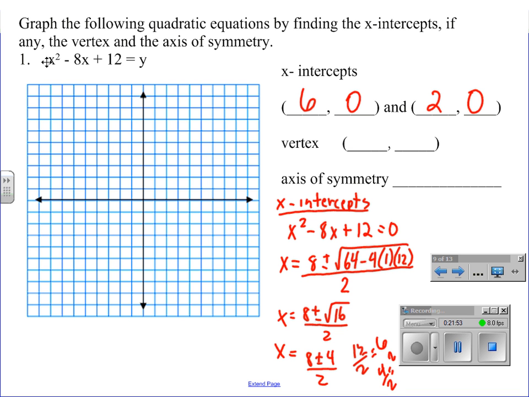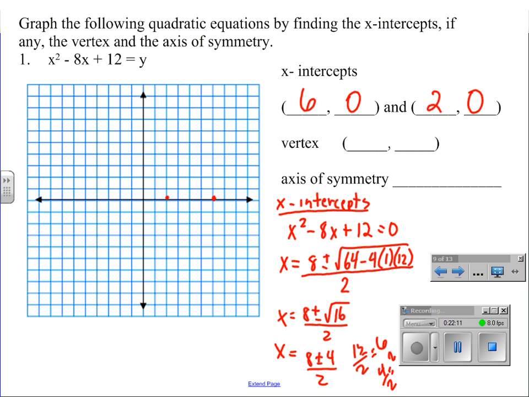Yeah, it's halfway between those two x-intercepts. So I got 6, 0, and 2, 0. You can do 6 minus 2 is 4 divided by 2, so it's 2 units from either one.